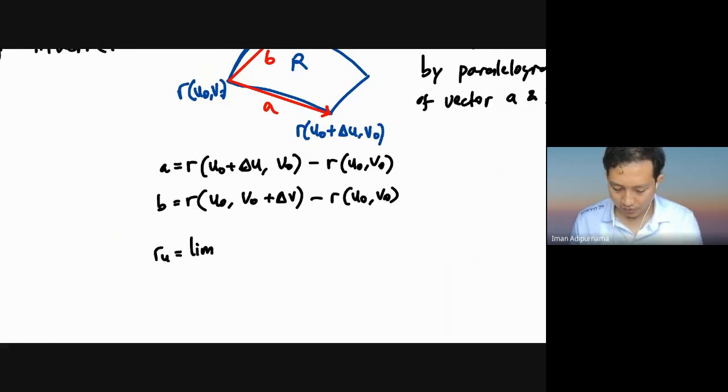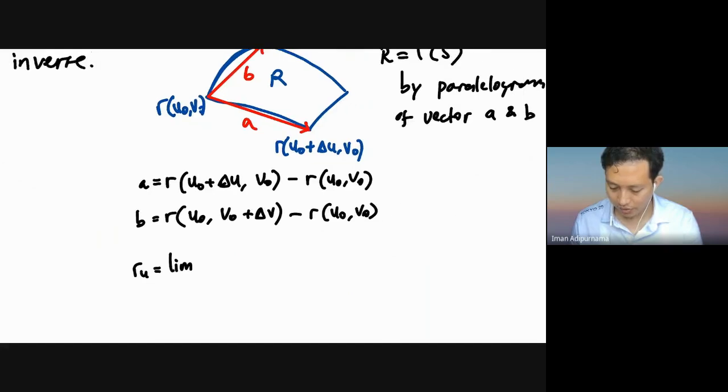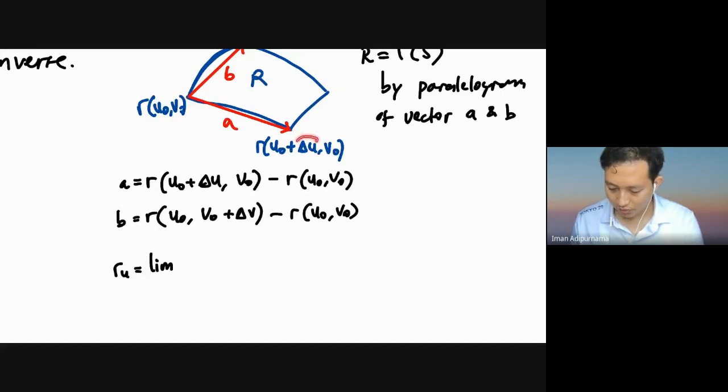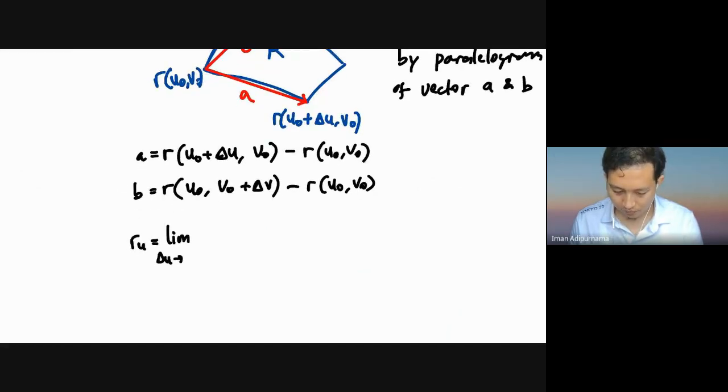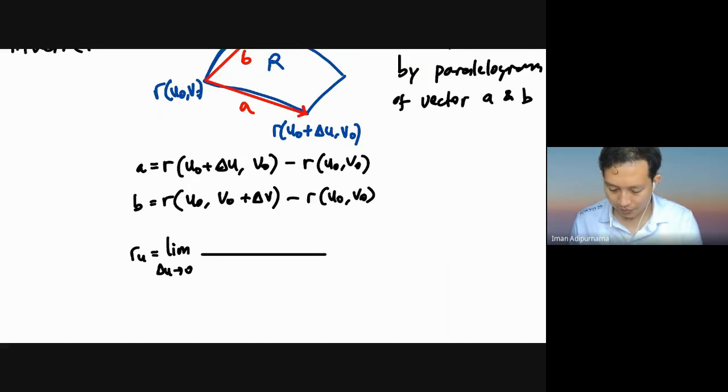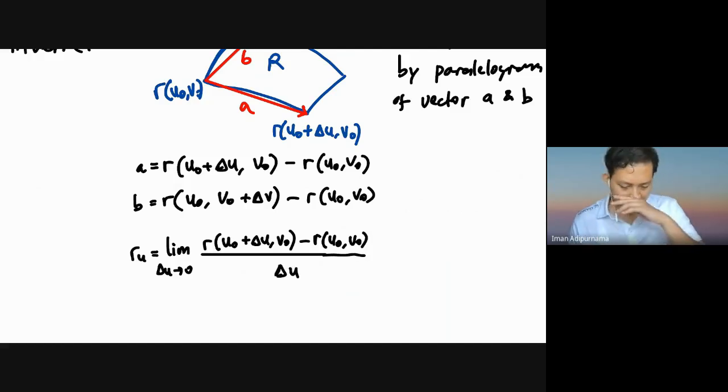So first, if you look at the delta U here, it's plus delta U. So when the delta U is getting to 0, this is by definition the derivative definition. So you need to minus the R, and this will be divided by the delta. This is the definition, right?